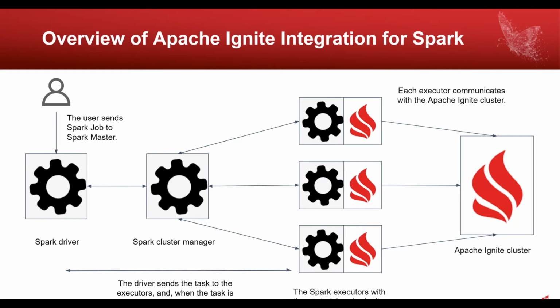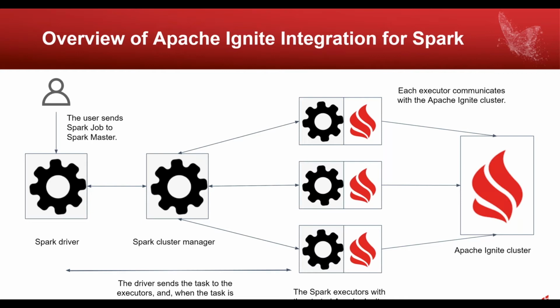It will be done in a map-reduce view, so each executor will complete some task and return some result to Spark driver. Also, you can see that using Apache Ignite integration, each such executor will also start an Apache Ignite client node. You can see it on the screen.